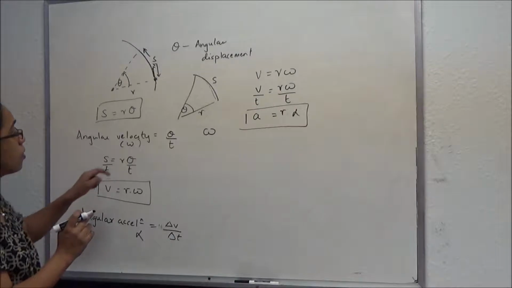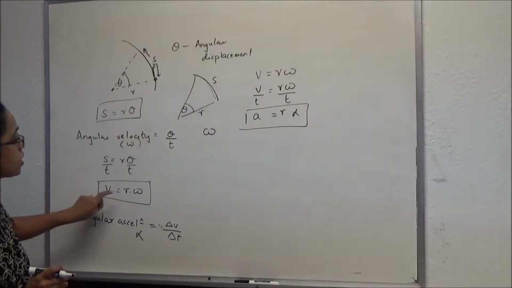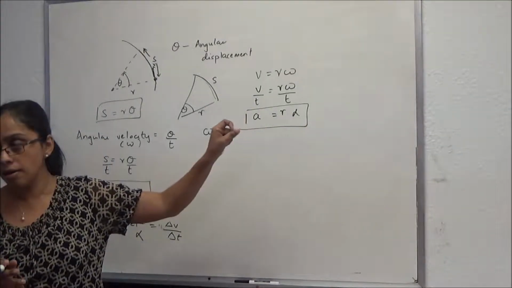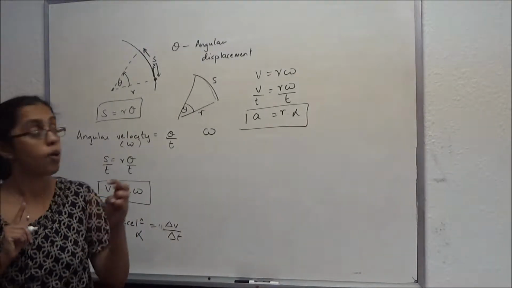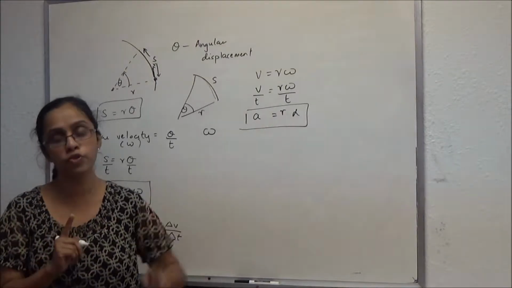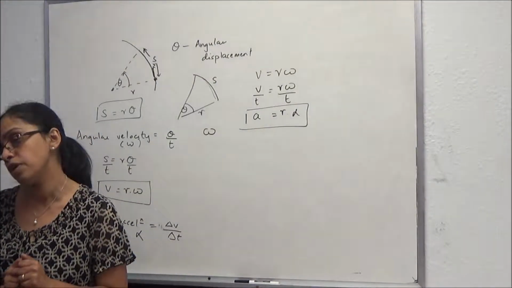Right. Now S, theta, V, omega, A, alpha, all of these are vectors. Now can you tell me what the direction of omega and alpha would be?